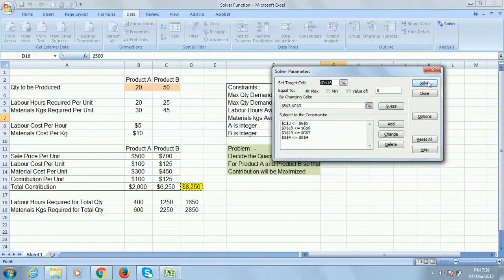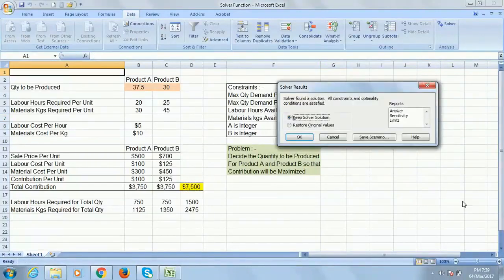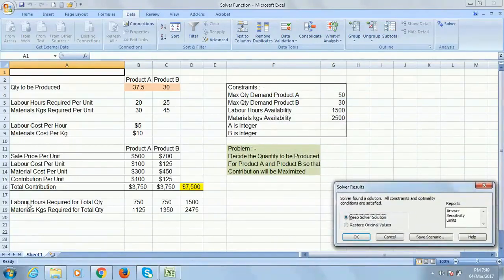If I click on solve, let's see what happens. It is showing that total labor hours used will be 1500 and materials will be 2475, which both are within limit, and it is giving me the maximum contribution. But friends, one problem is that the quantity produced should be an integer number.